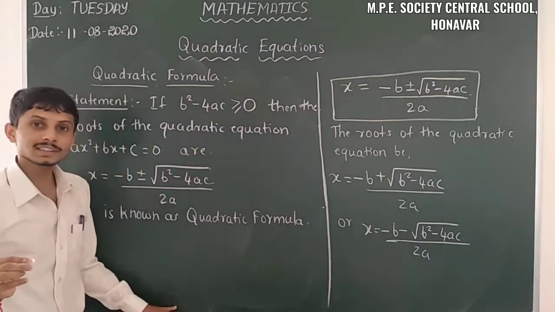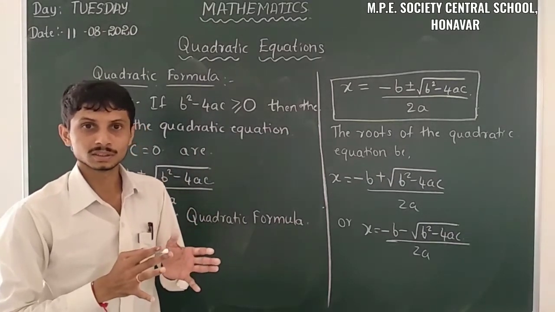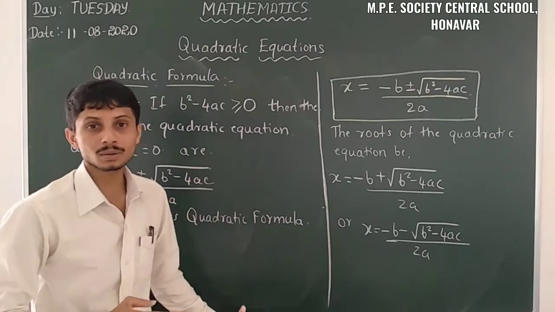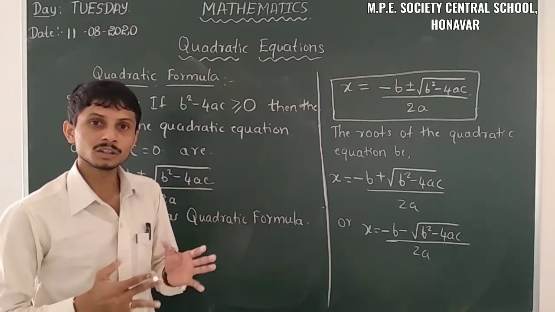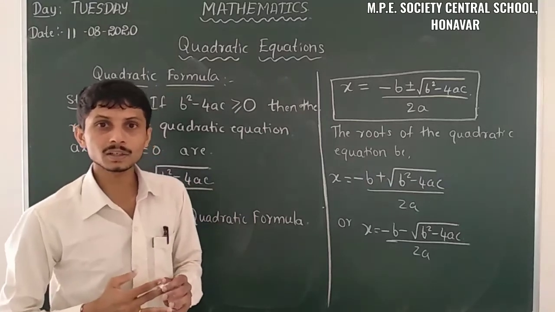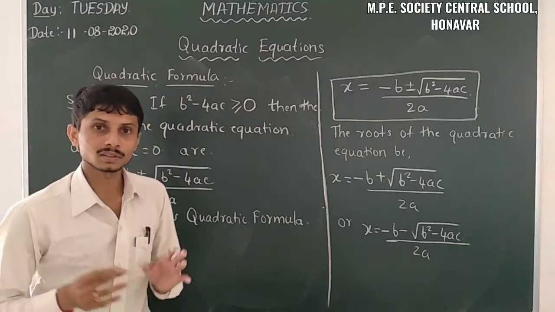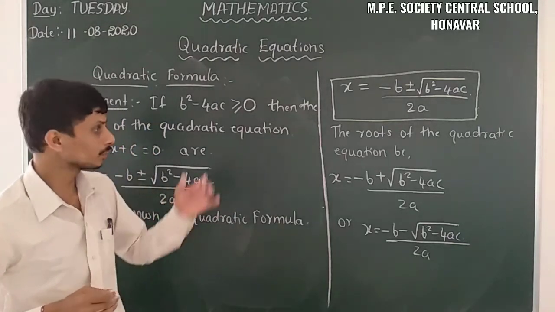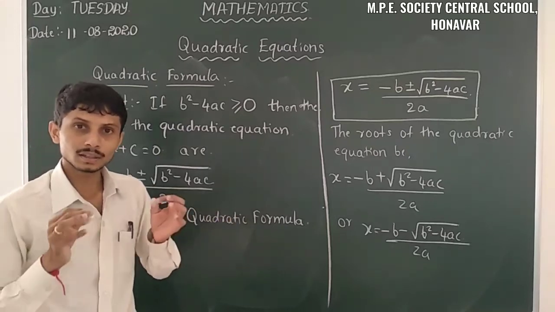So this is about finding the roots of the quadratic equation, how the formula comes. There are a series of steps here. We have to find the quadratic formula by the method of solving a quadratic equation by completing the square. From the method of completing the square, we got the standard formula.